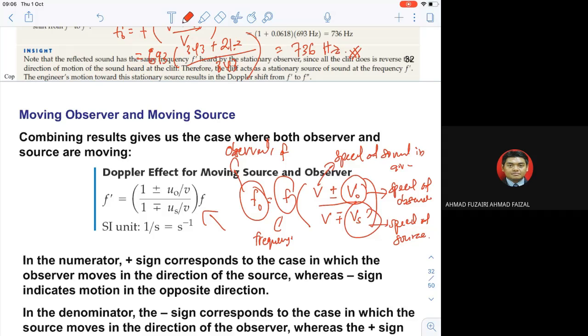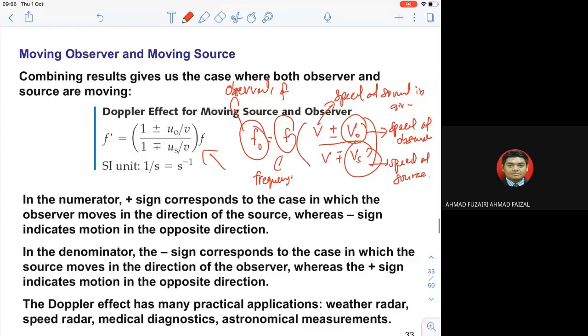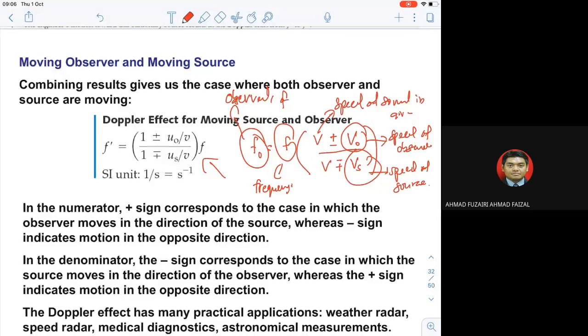So you need to define the positive and negative of the observer's signs, because it should be different. So you can look at your textbook, or maybe we can discuss later in the tutorial.